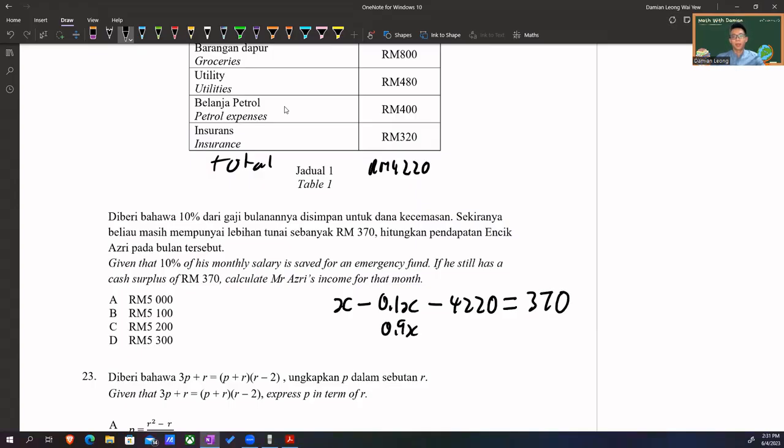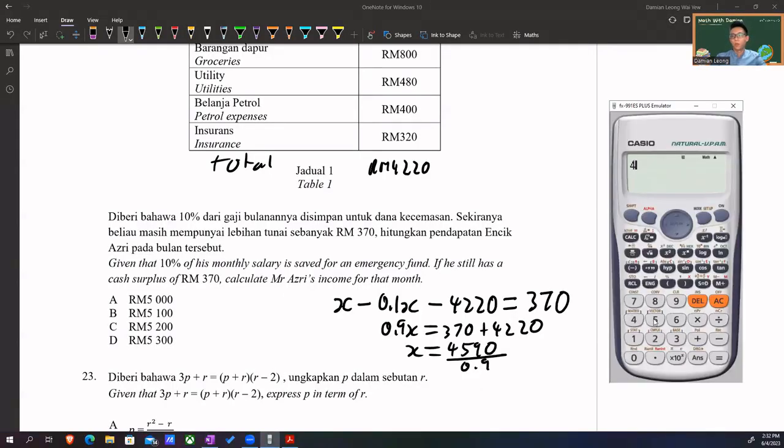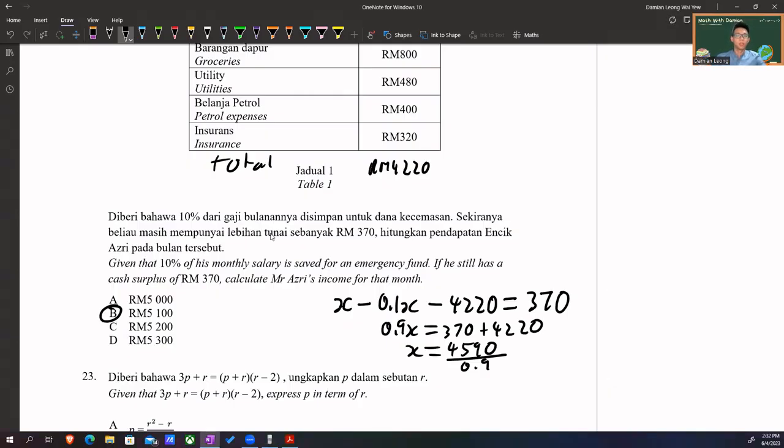Means 0.9X, bring over the 4220, opposite of minus is plus. So this is 4590. Bring over the 0.9, times, opposite is divide. So 4590 divided by 0.9, I get 5,100. Answer B.